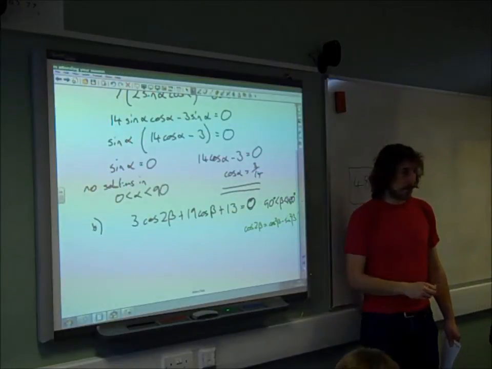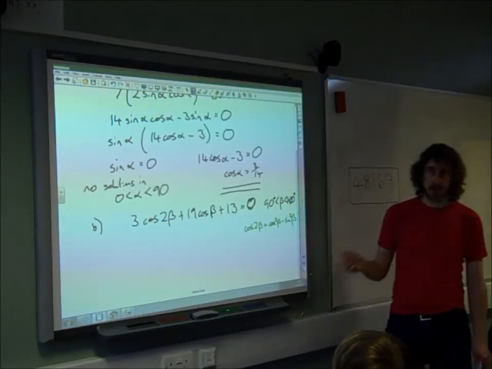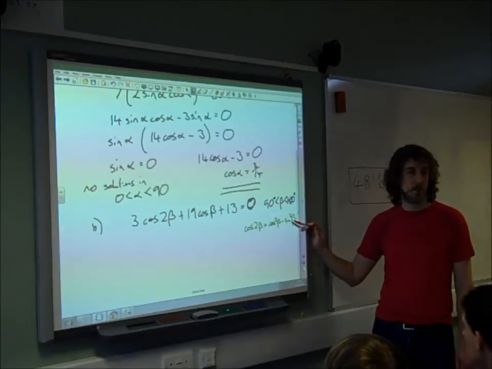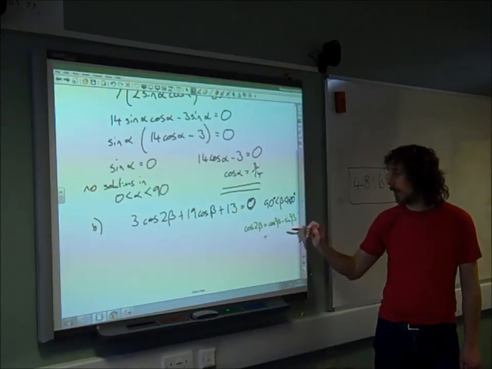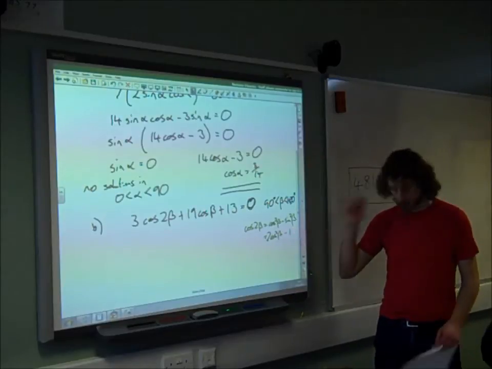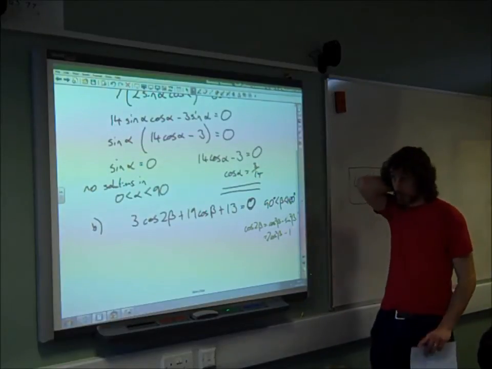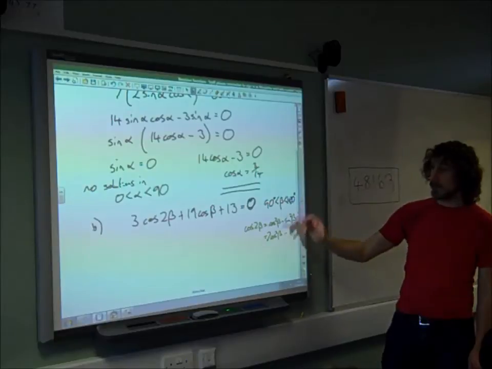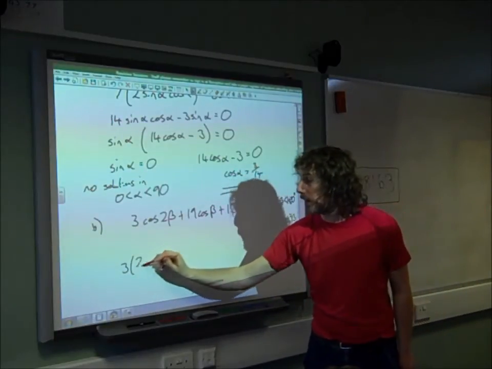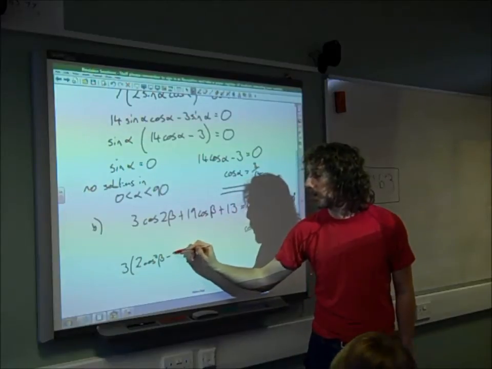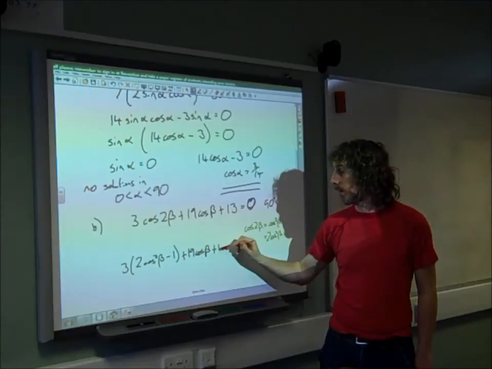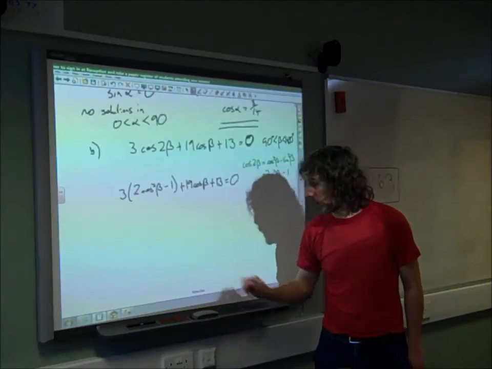But then we remember that the Pythagorean identity from core 2 tells us that we want everything in terms of cos here. Sine squared is 1 minus cos squared. So that is 2 cos squared beta minus 1. So that's what we're going to substitute in. So instead of cos 2 beta, we're going to do 3 lots of 2 cos squared beta minus 1, plus 19 cos beta plus 13 is 0.